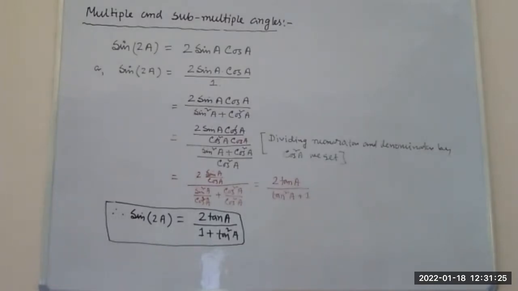One is 2 sin A cos A, which involves sin and cos, and another formula of sin 2A involves tan, that is 2 tan A by 1 plus tan square A. Right? So the formula of sin 2A can be written as 2 tan A by 1 plus tan square A also. Is it understood? So for sin 2A, there are two formulas.